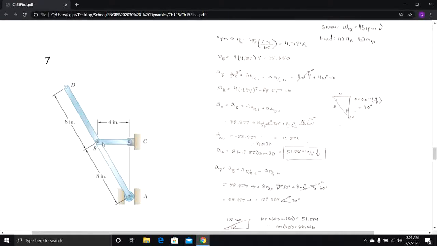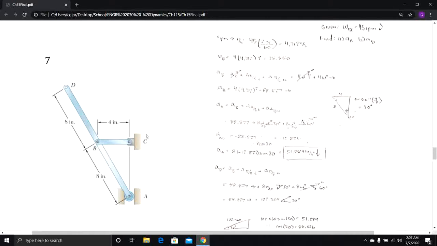Then find the velocity of point B. Not sure if it's really going to help me at this point, but it's easy to do, so there we go. Then want to find the acceleration of point B. I tend to just kind of work step by step. B is the closest point that I have information on, so it makes sense for me to do it that way. Acceleration is going to be broken down into tangential as well as normal accelerations, which can be found here.